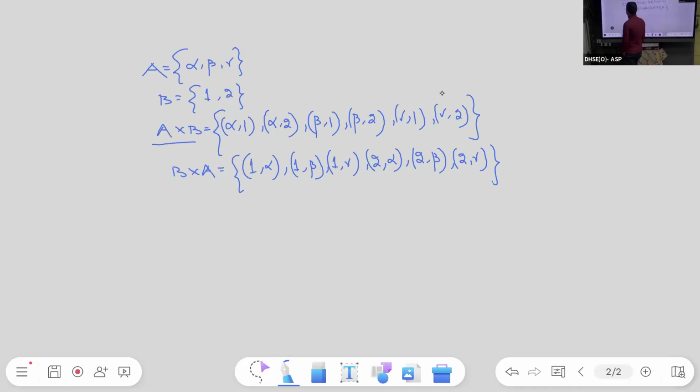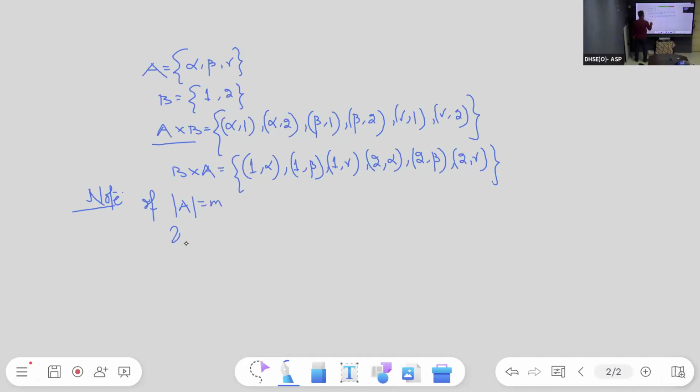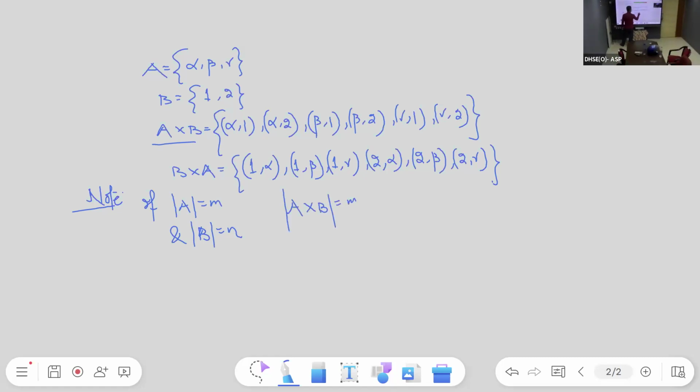So write down a note point. If cardinality of set A, cardinality means number of elements, is equal to m and cardinality of set B is equal to n, then the number of elements in the set A cross B is equal to mn.